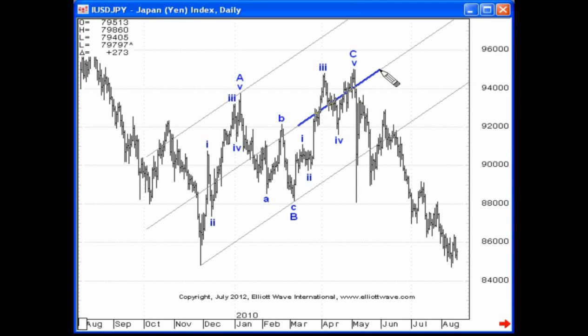Very common occurrence. But the one thing I would like to point out in this example, which was not evident in the other examples, is that one thing I do like to see with respect to a zigzag is that wave C demonstrates a much more shallow slope or speed than what you experienced in wave A. For example, here is the speed or the slope of wave A. Notice how sharp it is.